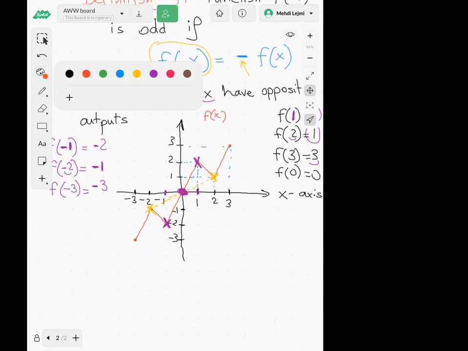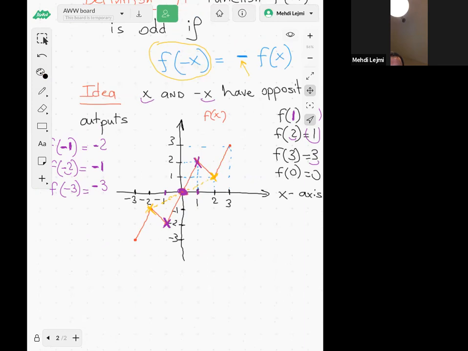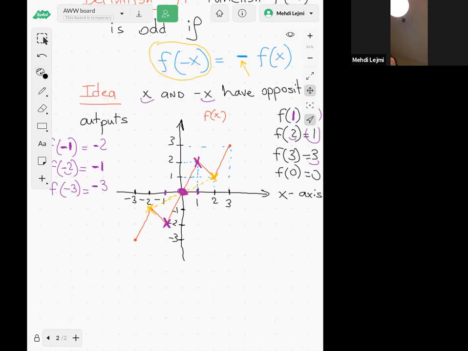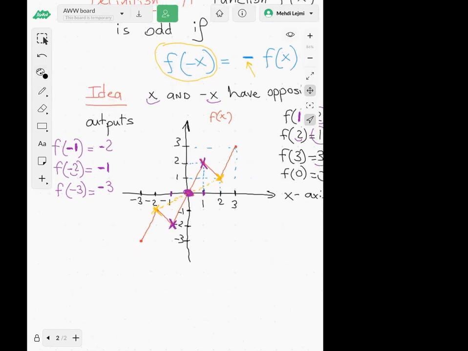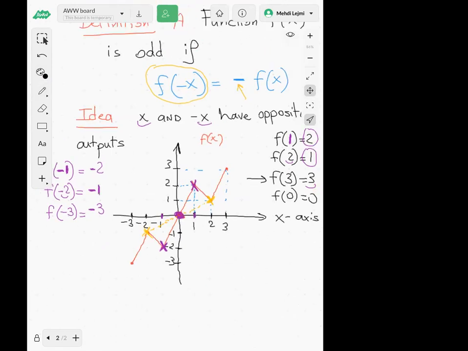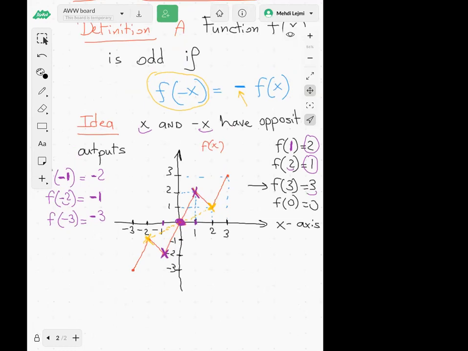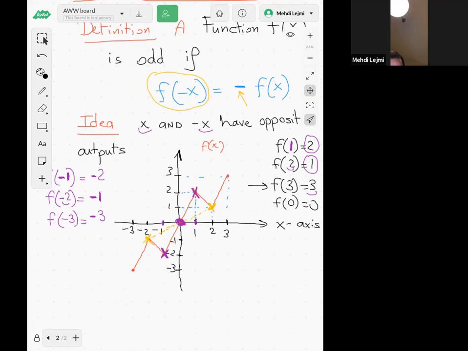Professor, can you explain please, function of 3? Function of 3 is equal to 3, right? But how is it opposite? Like, I understand f of 1 is 2 and f of 2 is 1. But f of 3 is 3.